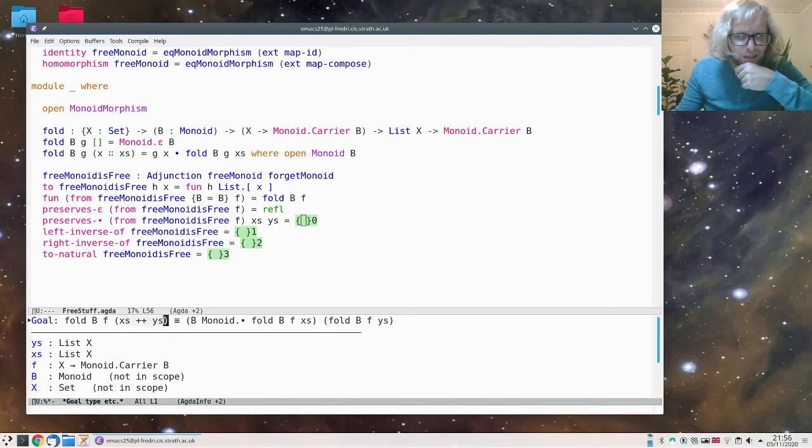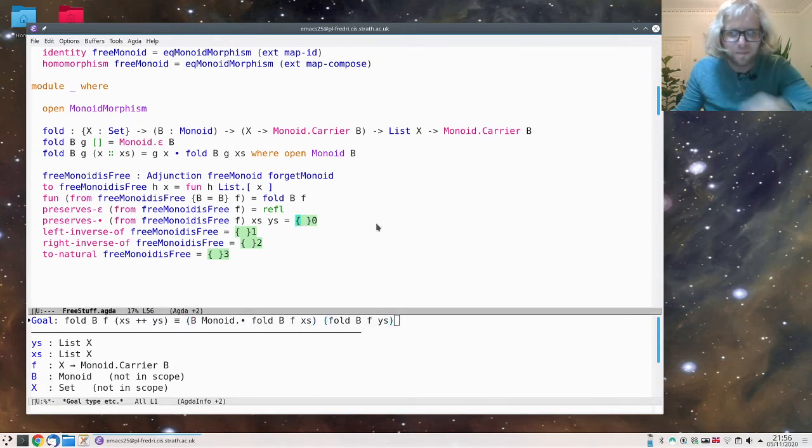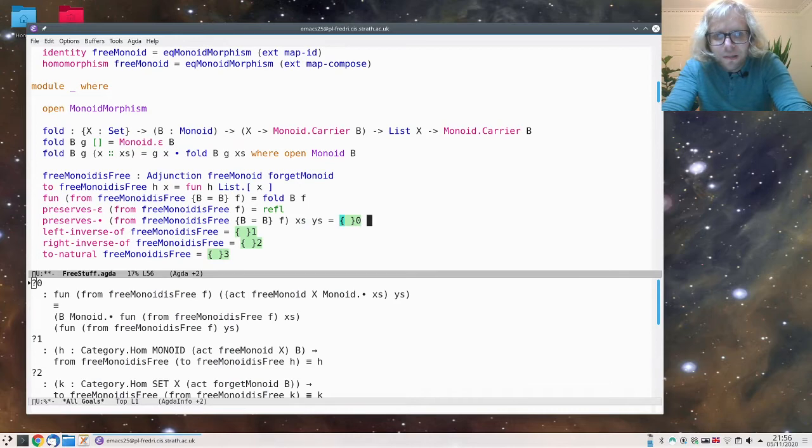So it's not just commuting with it, it's doing something more interesting here. So, right, let's open B so it's easier to read this goal. Except for that to work, I just bring B into scope.